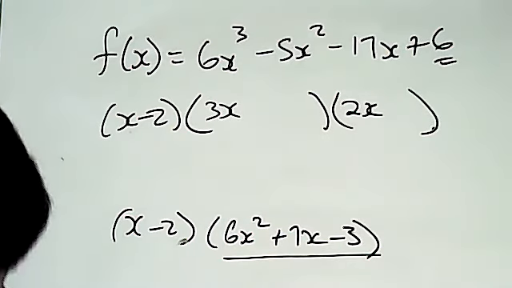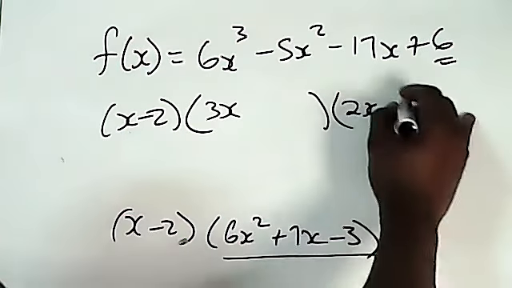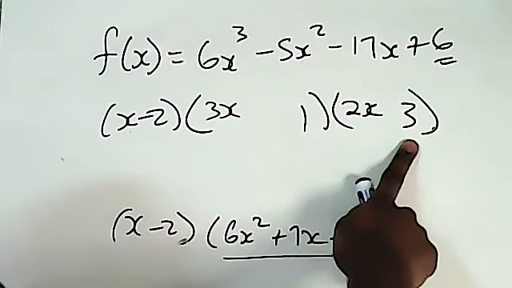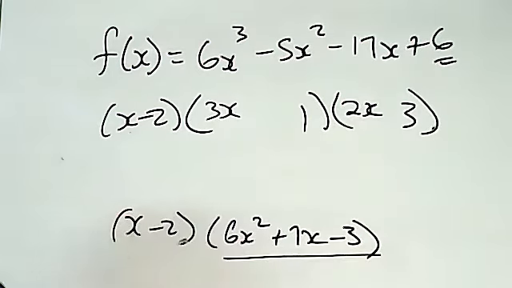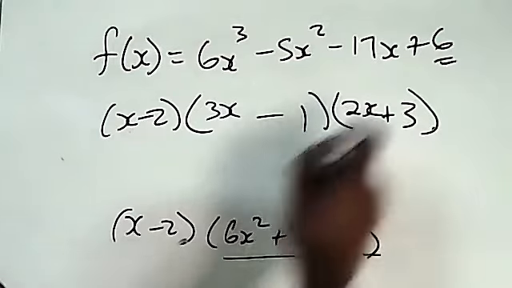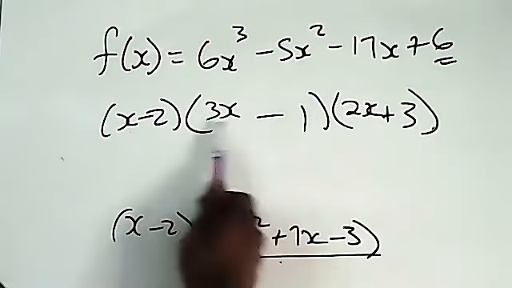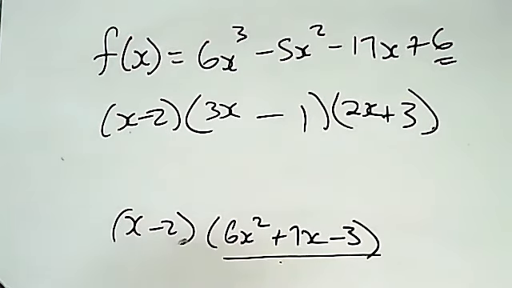If we multiply 3x with 3, we get 9, and the 2 will give us 7. So now we have to decide which one is negative and which one is positive. If this is positive, 3 multiplied by 3 gives us 9x, and 9x minus 2 gives us 7. So these are the factors.